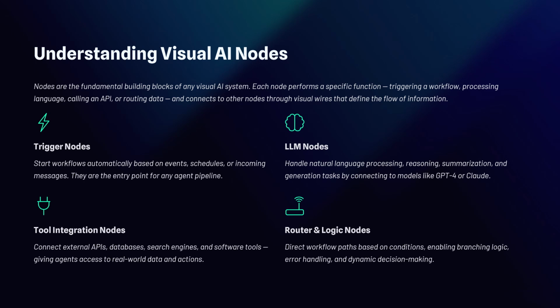Tool integration nodes connect the AI system to external APIs, databases, search engines, and software tools, allowing agents to interact with real world data. LLM nodes handle tasks like reasoning, summarization, and content generation using models such as GPT-4 or Claude. Router and logic nodes guide decisions, branching workflows dynamically based on conditions and outcomes.